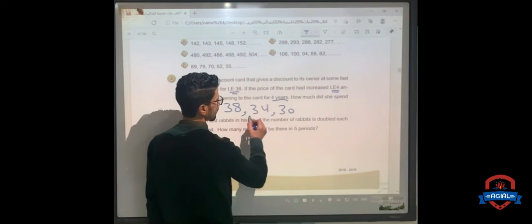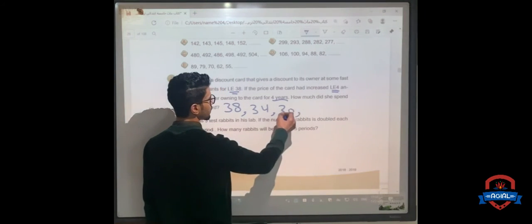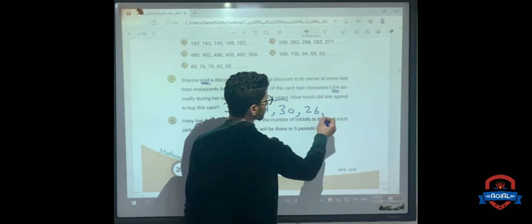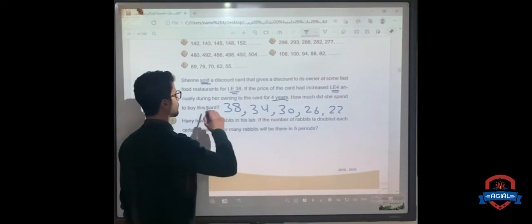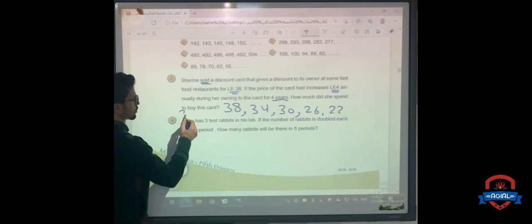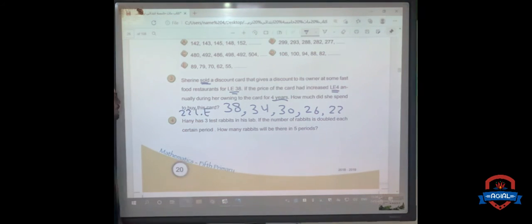So now before 2 years, then before 3 years, we say 30 minus 4 equals 26, and 26 minus 4 equals 22. So she spent 22 LE to buy this card.